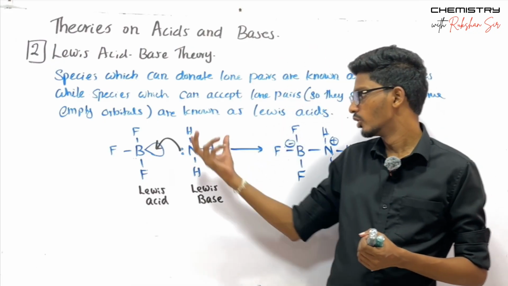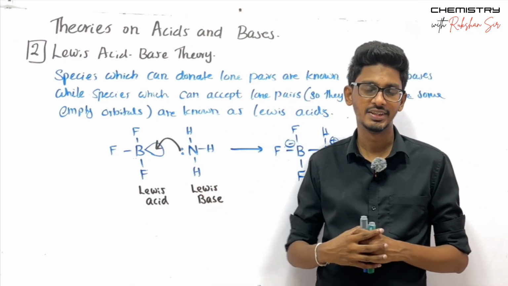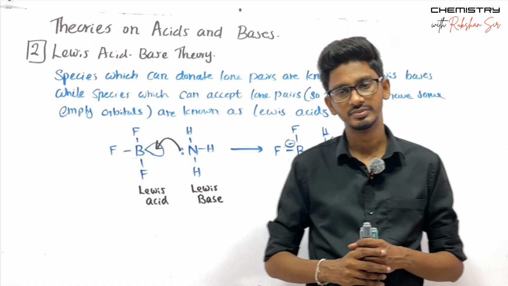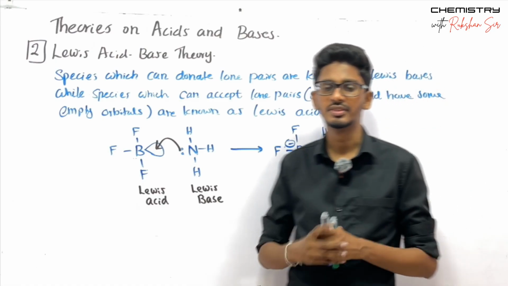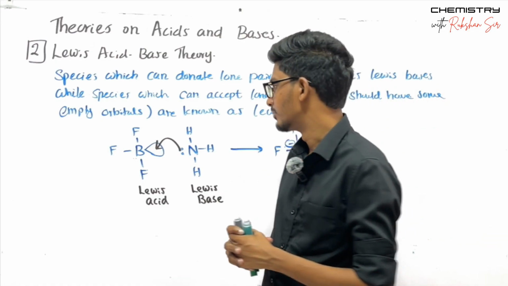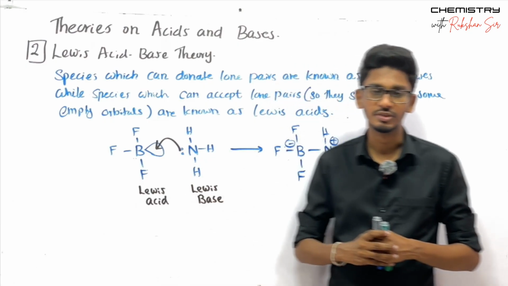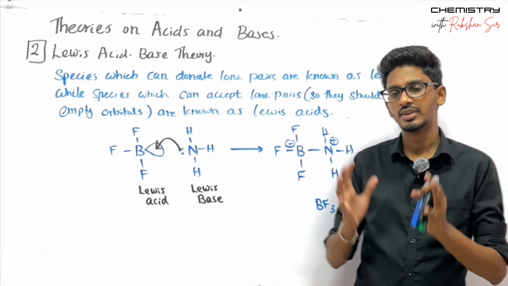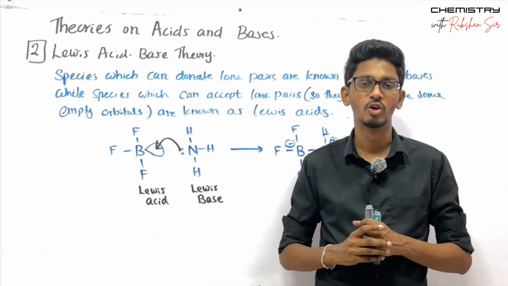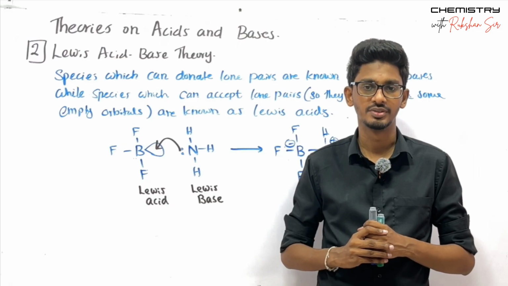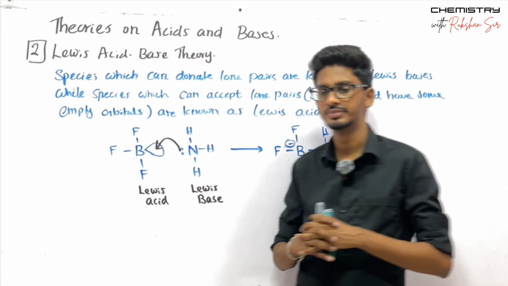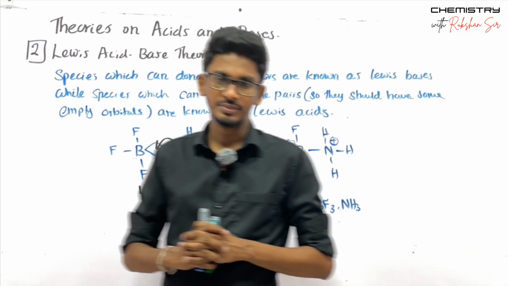Even though you don't have an OH minus part in NH3, NH3 can still act as a base. The reasoning can be discussed with this theory. Lone pair acceptors are the Lewis acids and lone pair donors are the Lewis bases. Clear?